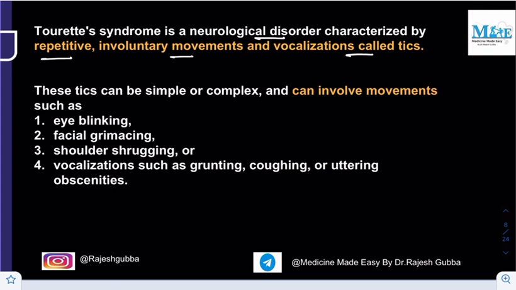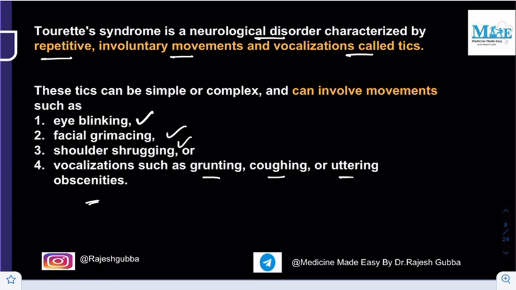Involuntary movements can involve eye blinking, facial grimacing, shoulder shrugging, or vocalizations such as grunting, coughing or uttering obscenities. This is what the tics of Tourette syndrome are.